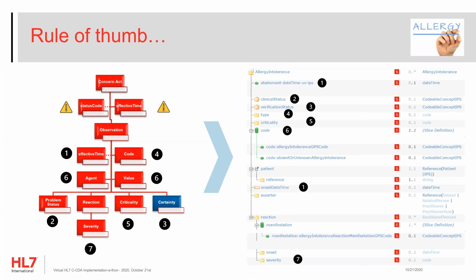So, Emma, the recommendation, or just as I threw it out there, was to say that in a problem section, you could use entries that conform to problem concern entry, or you could use entries that conform to problem observation. Would that help you or make things worse, be better or worse?